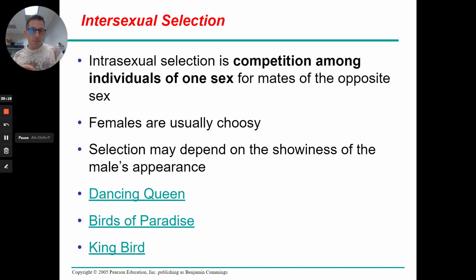The selection may depend on the showiness of the male's appearance. It might depend on how well they dance, or how well they sing a certain song. It might depend on how well those individuals provide gifts for the female. It's many different things.